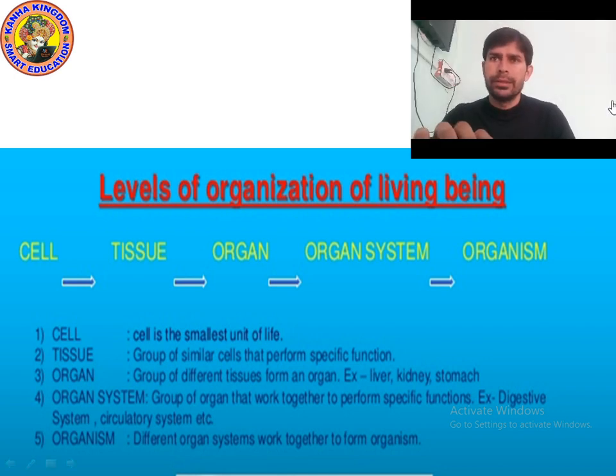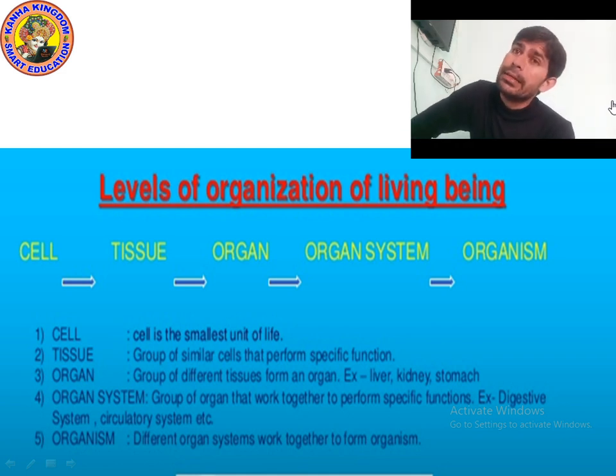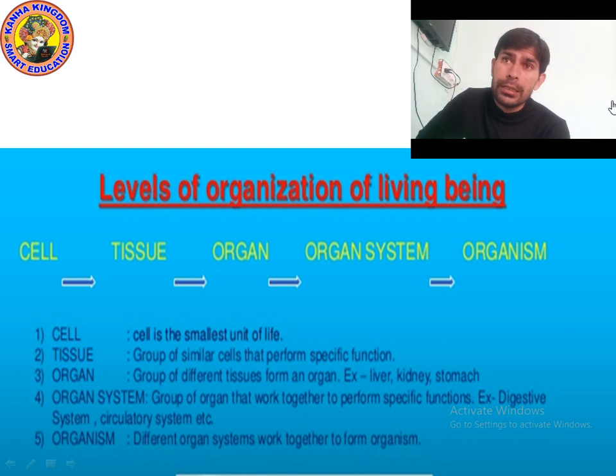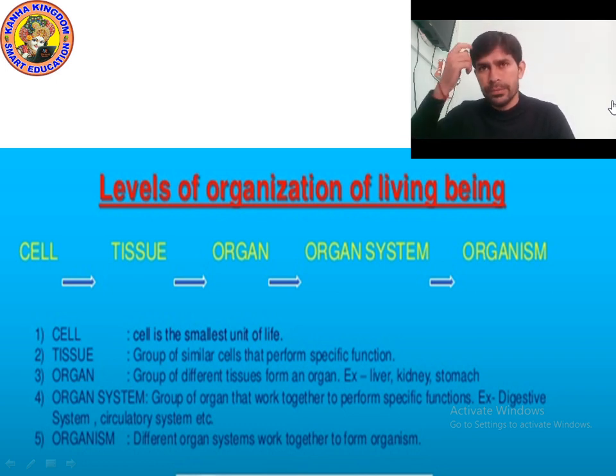Now let's study about the levels of cell organization of living being. Let's see the different levels. First level is cell, second is tissue, third is organ, fourth is organ system, fifth is organism. These are the levels of organization of living being.